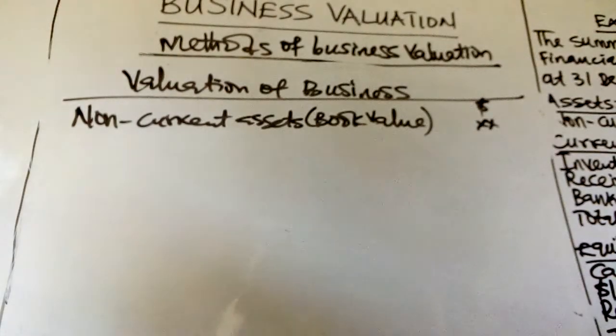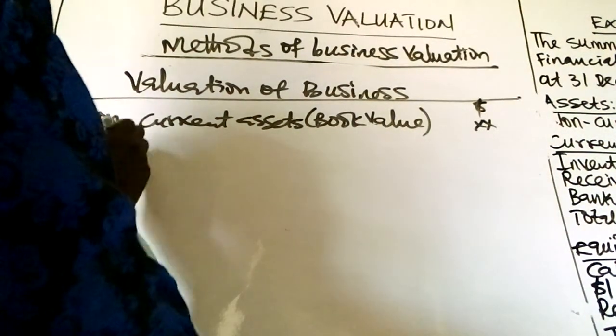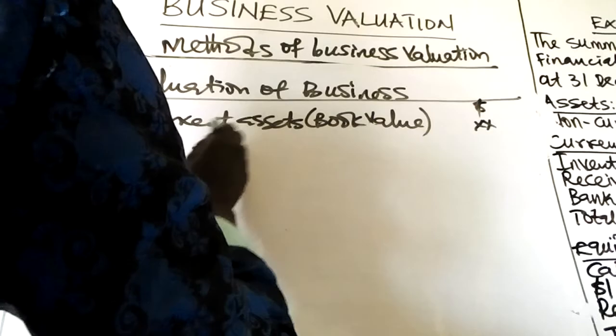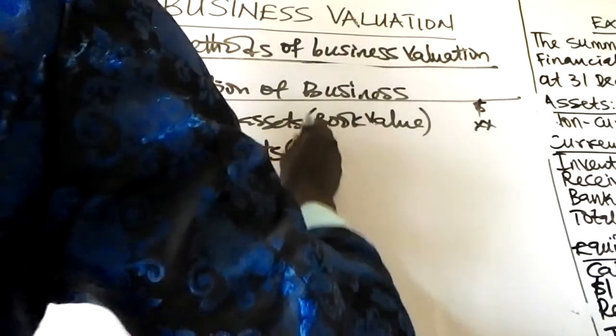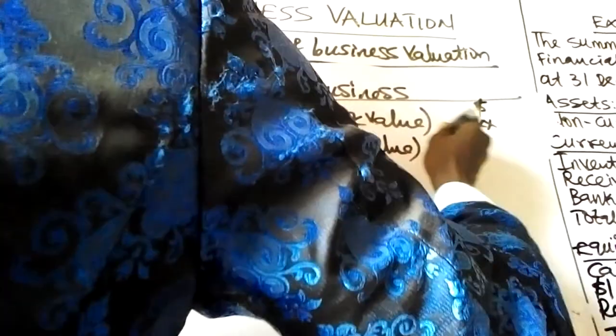By book value, we mean the value as per the statement of financial position. Then we also consider the current assets at book value, that is the value as per the statement of financial position.